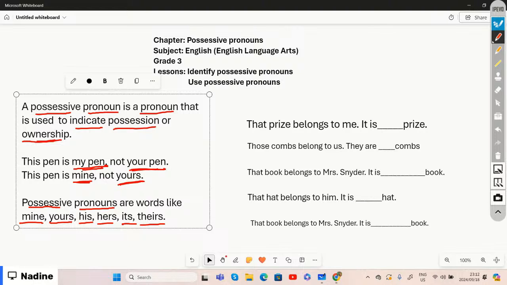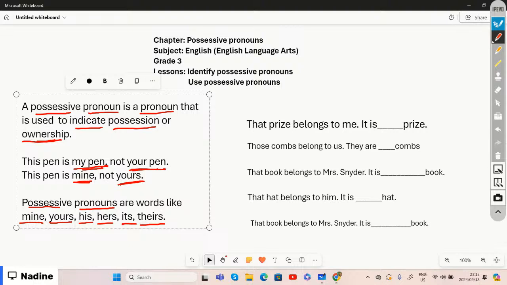Once again, a possessive pronoun is a pronoun that is used to indicate possession or ownership. For example, this pen is my pen. That means this pen is mine.